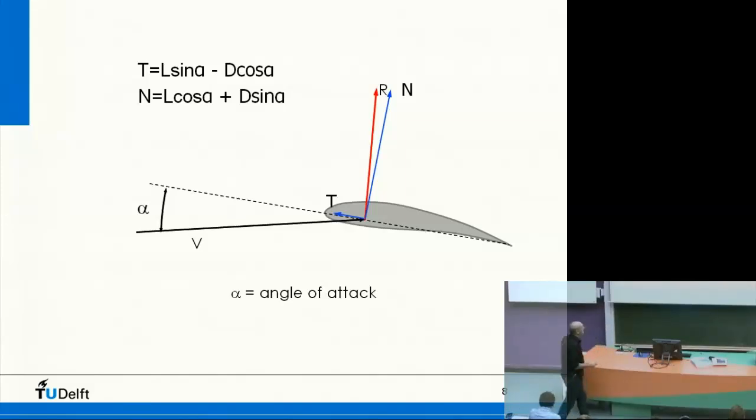You see there's a T. The definition is that T is positive in this way, just as drag is positive in this way. So T is negative here. So on the nose, more or less, there's a sort of suction force on this airfoil.